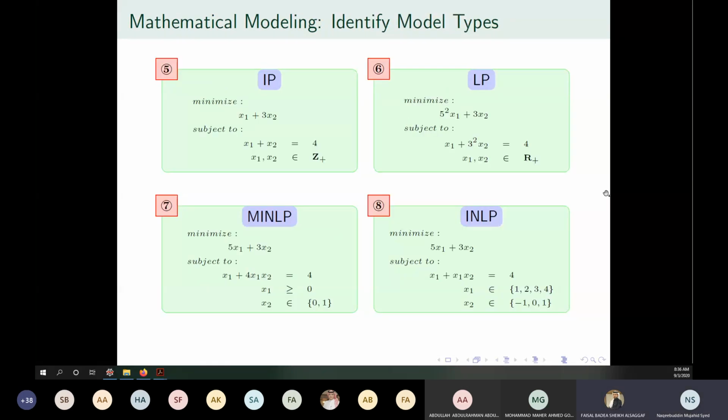Doctor, if we are going to put this model on GAMS or any optimization software, is it going to identify the type automatically, or should I identify it myself? You should identify it yourself. That's a very good question. If you are using software like GAMS or AMPL, you have to tell what model it is.